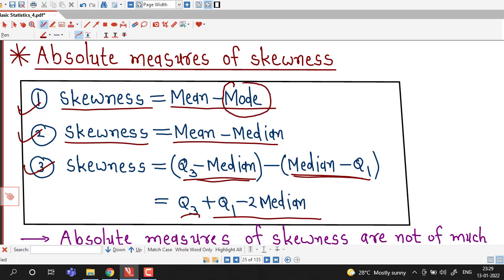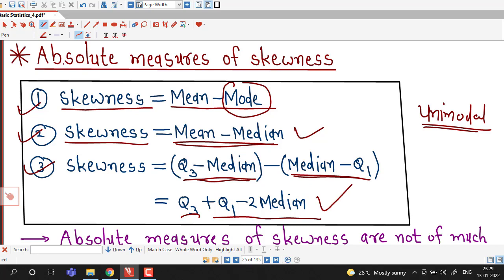Here we assume that our distribution is unimodal, that is, it has only one mode, and sometimes the mode is undefined. In that case we can use the absolute measure mean minus median, or we can use this one also.